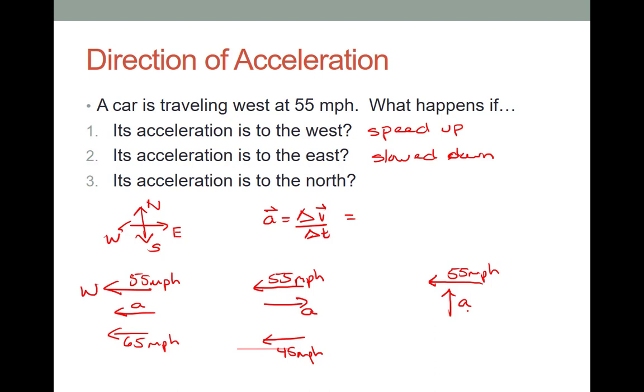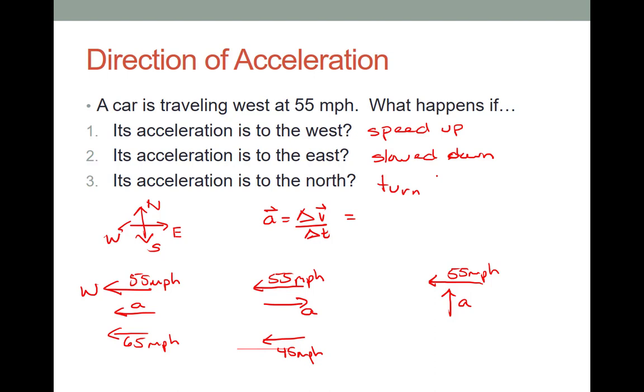So it has now changed the direction of the velocity. So this particular scenario will result in the car turning. In fact, if the acceleration and the velocity are always perpendicular to each other, then you will turn without changing the magnitude of the velocity. So you will move in a circle at constant speed.